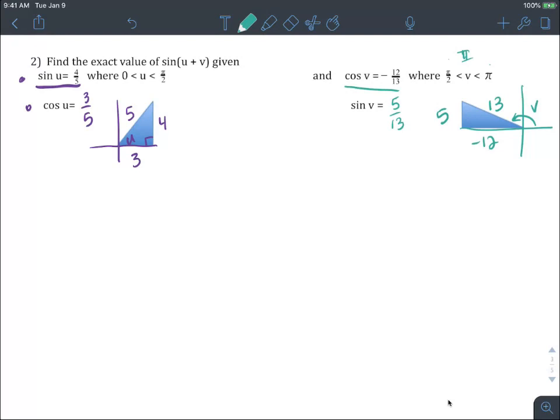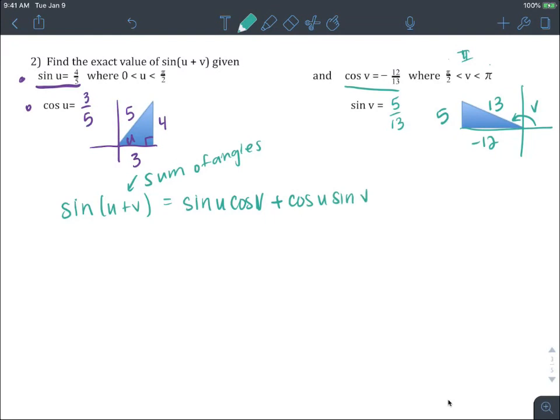Okay. So now I can just solve. The sine of u plus v, this is a sum of angles. So we're going to use sum and difference formulas. So this would be the sine of u times the cosine of v plus the cosine of u times the sine of v. We don't know the actual angle measures, but I know all the ratios, so I can figure out the ratio of this new sum here.